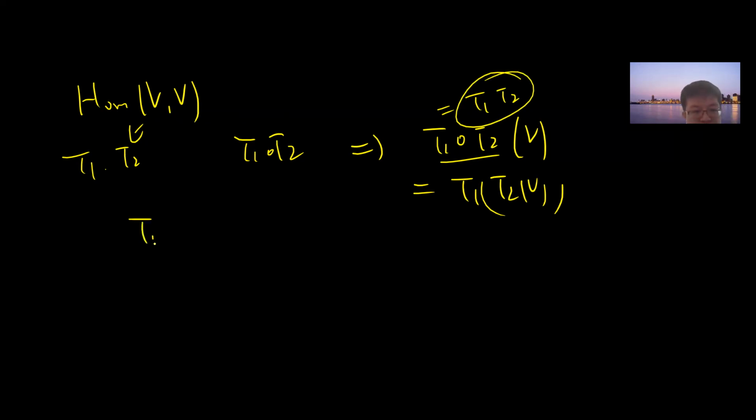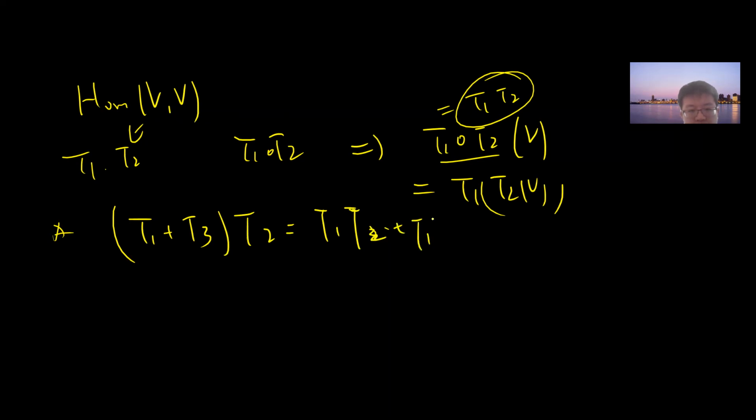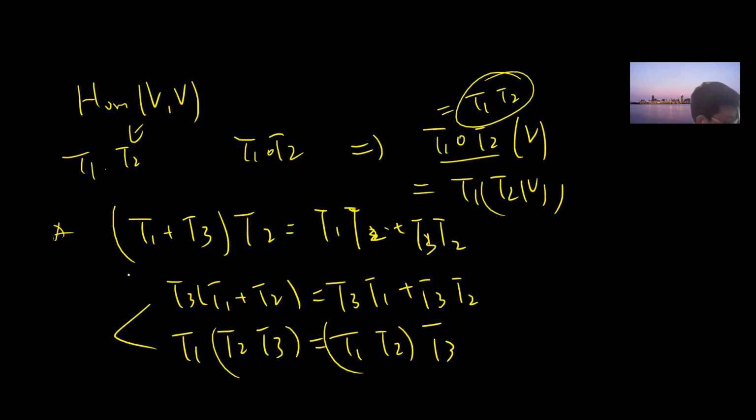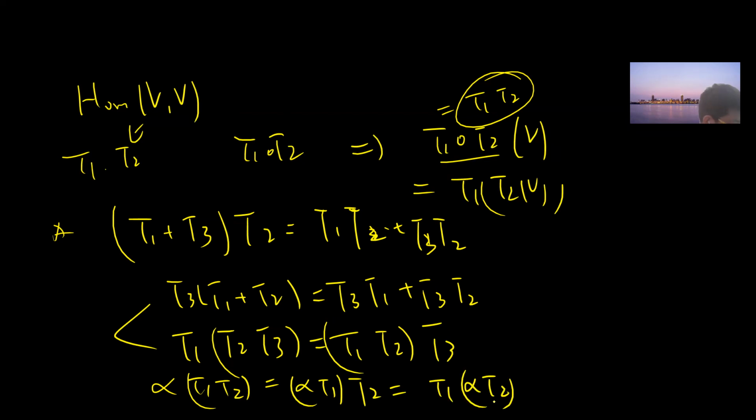You should also check the rules by yourself. Basically, T3(T1 + T2) splits into T3 T1 plus T3 T2, and (T1 + T3)T2 splits the same way. There is also associativity. It is also linear in alpha, so (alpha T1)T2 is alpha times T1 T2, and also T1(alpha T2).